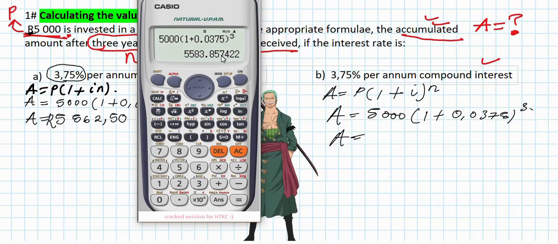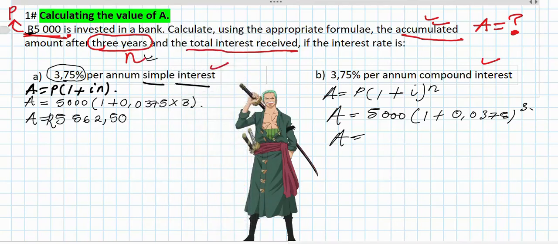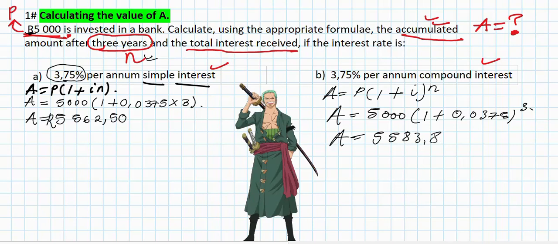How much is that? It is 86, because this 7 is going to convert the 5 into a 6. Remember the rounding off principles, right? So 5583,86. Let's write that down. Let's put the rand symbol there.